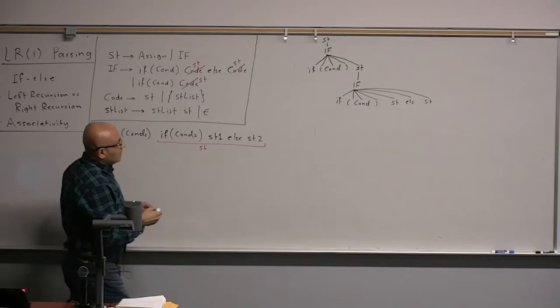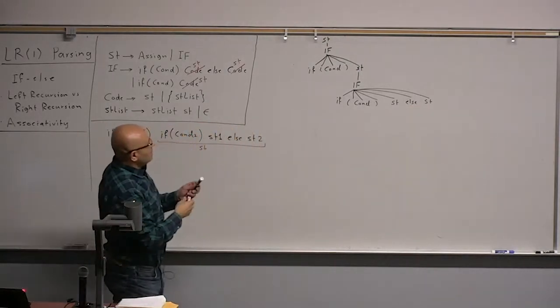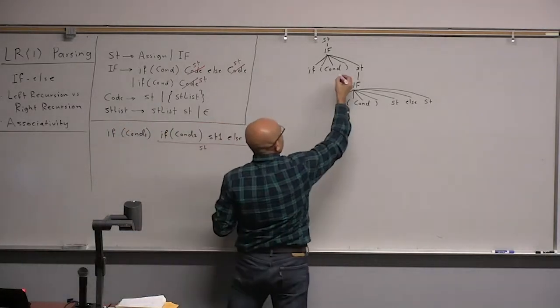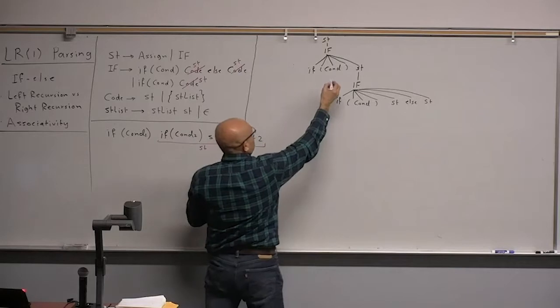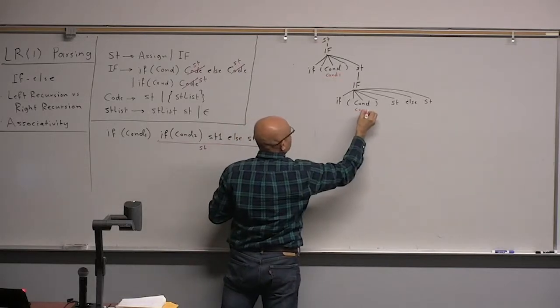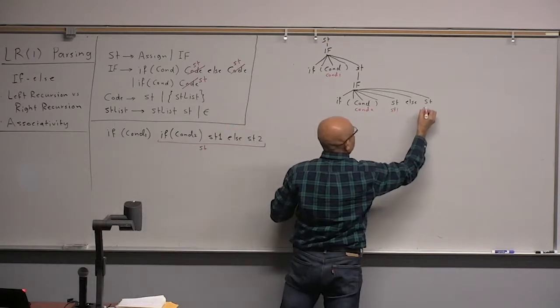And so this is one possible parse, where this is condition 1, this condition is condition 2, and this is statement 1, and this is statement 2.